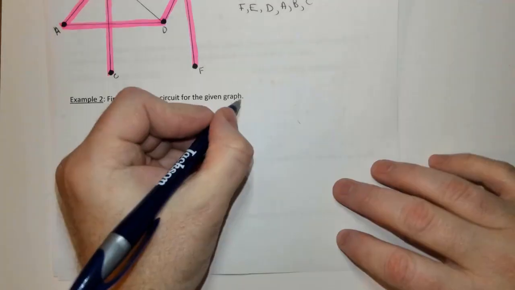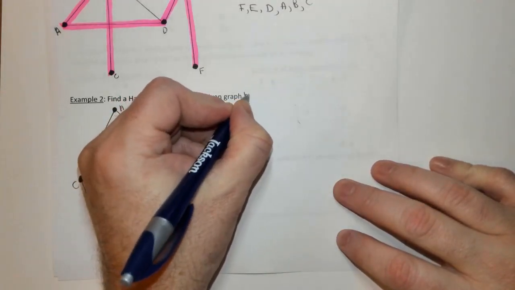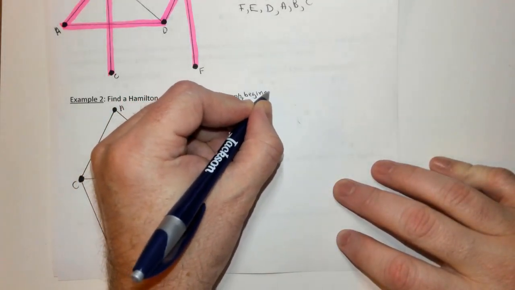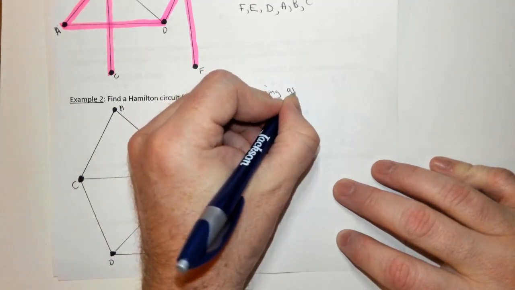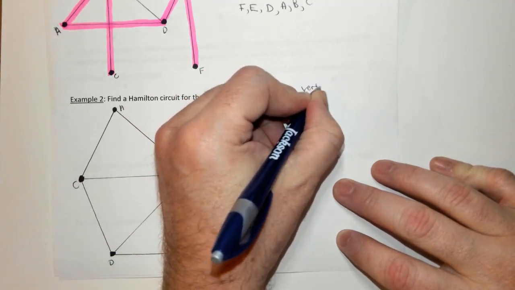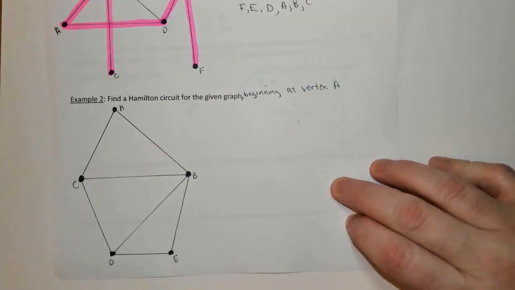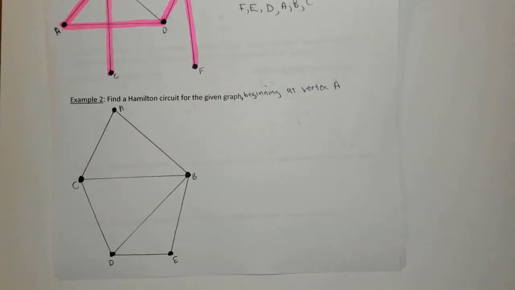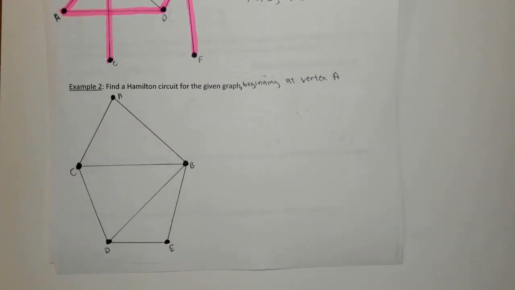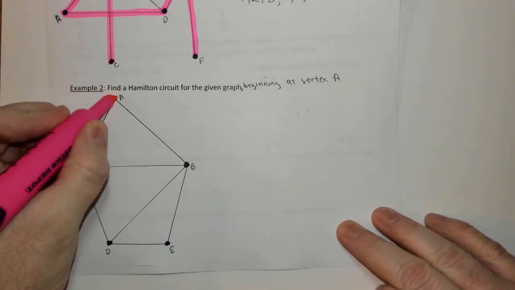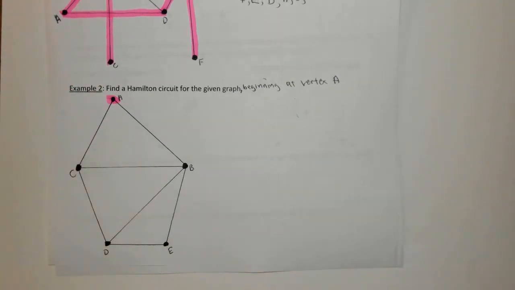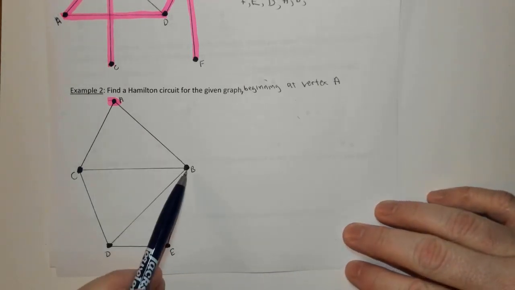And I want to squeeze in here beginning at vertex A. We have several options, and so in the homework, they're usually going to tell you where to start if you have lots of options. Here, we're going to start at A. We want to hit every vertex once. So let's see.